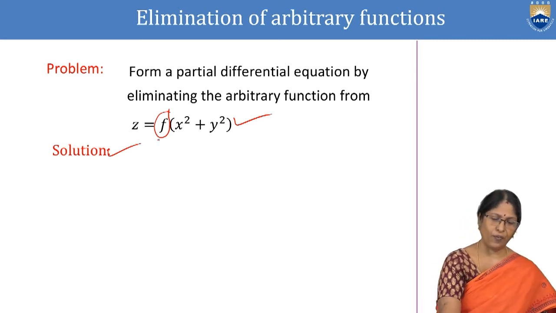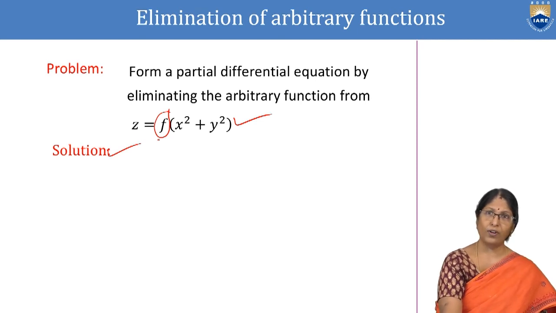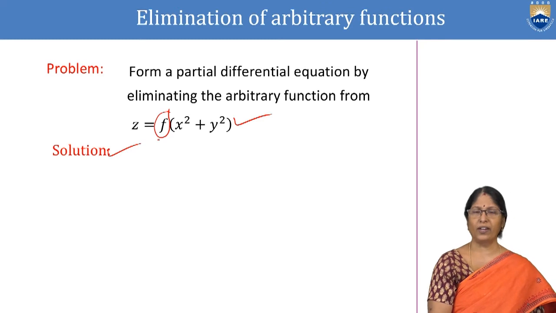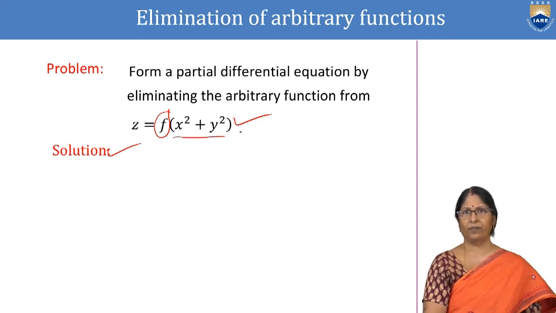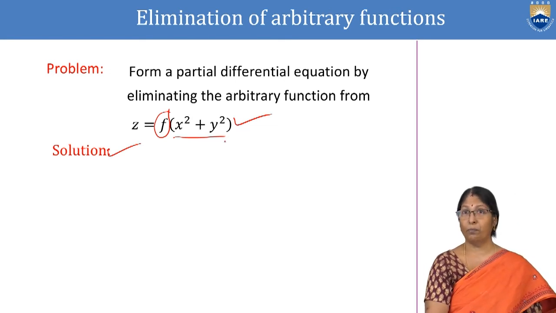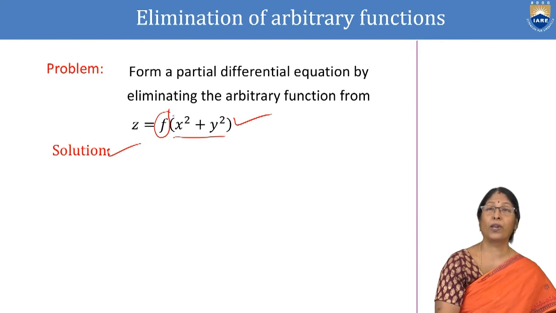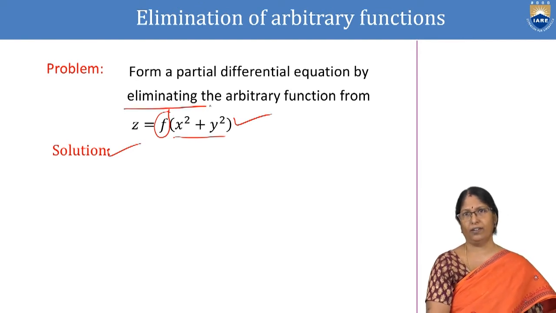That is, the function is f of some term, the term which has the variables x and y. The final result, x and y can play a role, but f should not play a role. It should be eliminated. That we are going to do now.